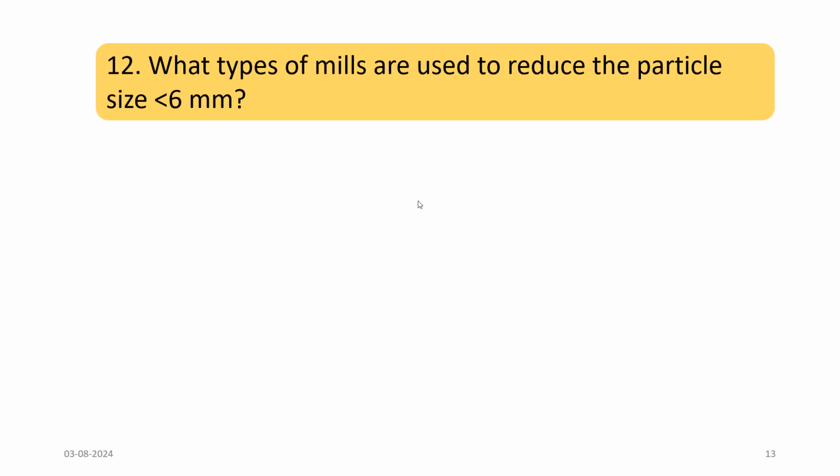Okay. Next, what types of mills are used to reduce the particle size to less than 6 millimeter? It is the grinder, or you can call it ultrafine grinder.